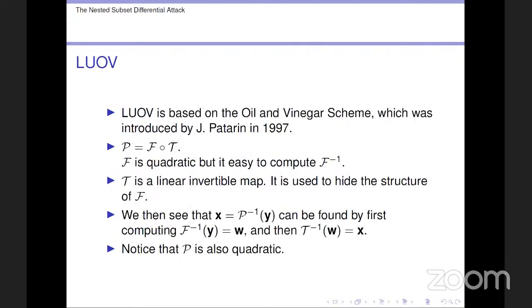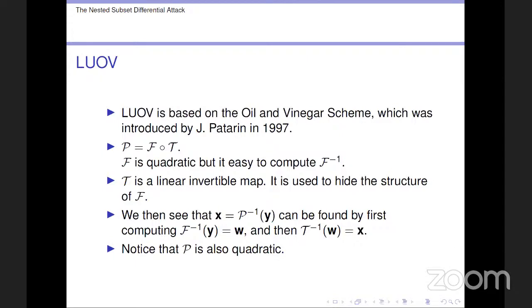Now, LUOV is based on the oil and vinegar signature scheme, which was introduced by Patarin in 1997. In that scheme, P was the composition of two maps, F and T. F is quadratic, and it's easy to compute F inverse.